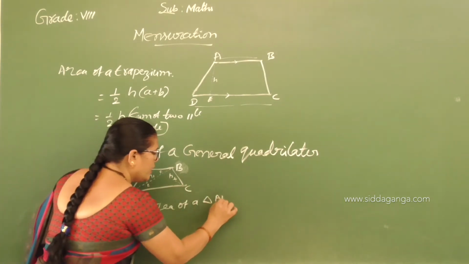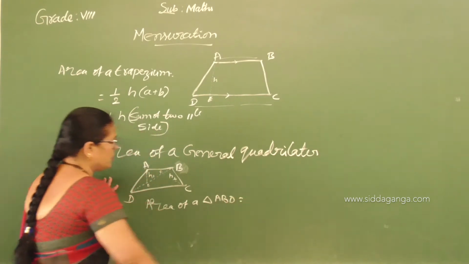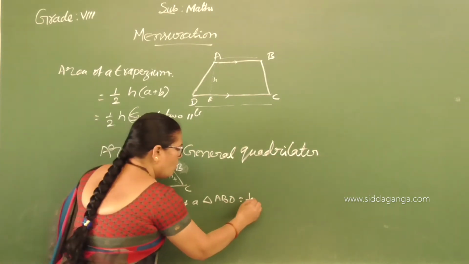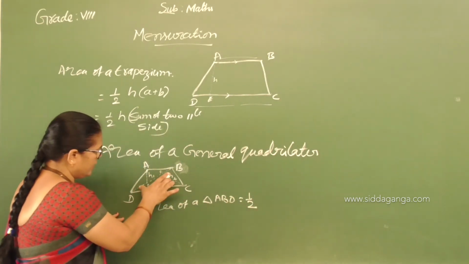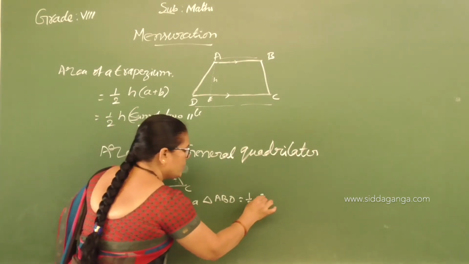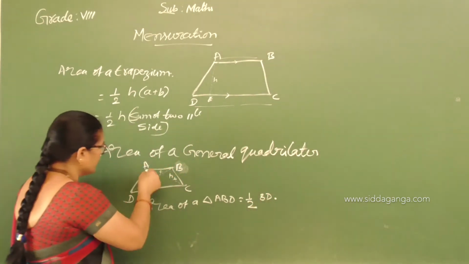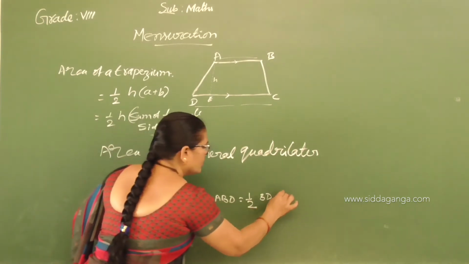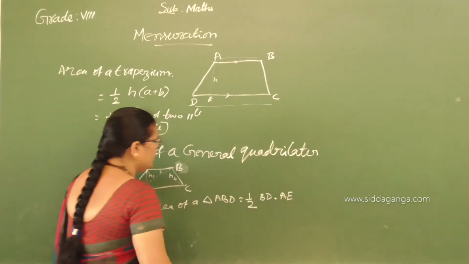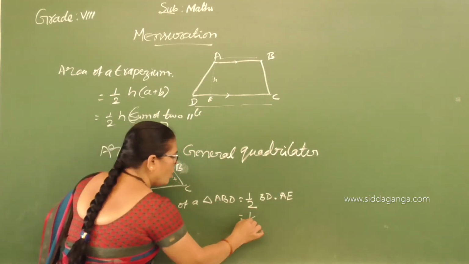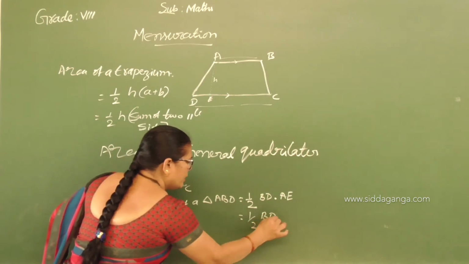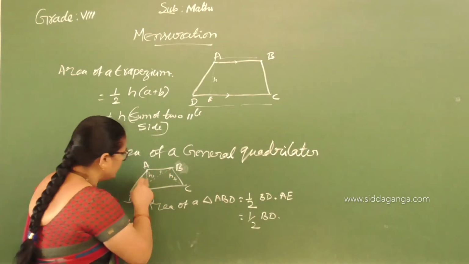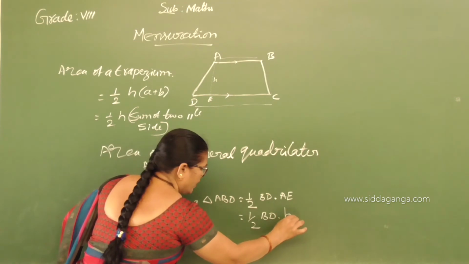Area of triangle ABD is equal to half into base, here BD is the base, half into BD into AE. I can take AE as the altitude H1.